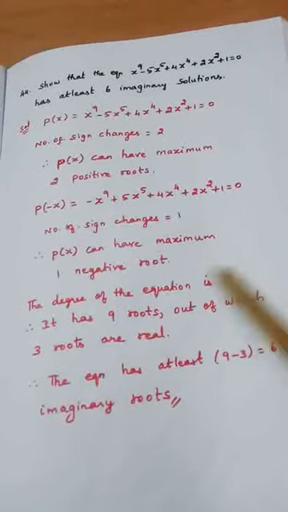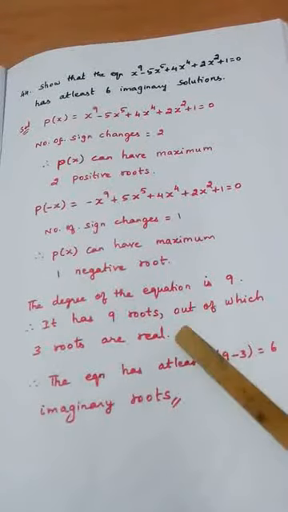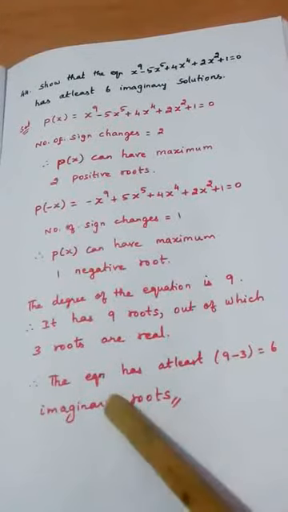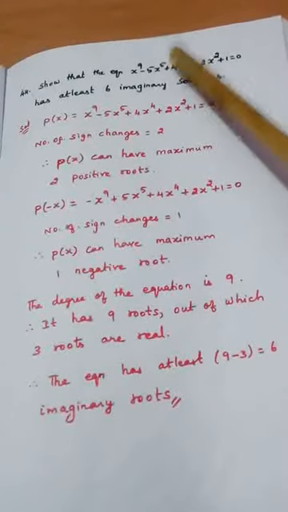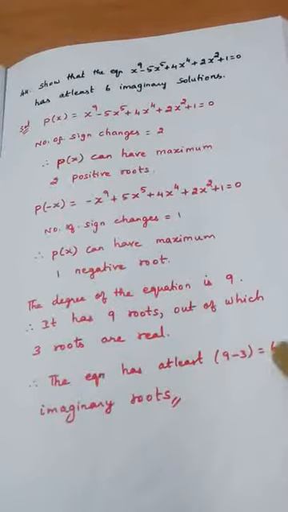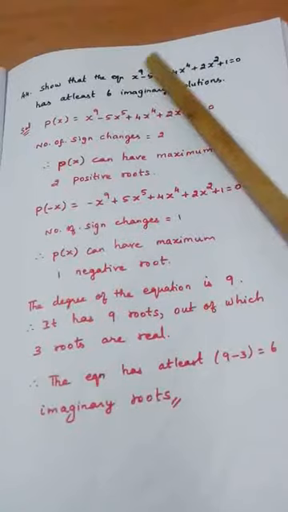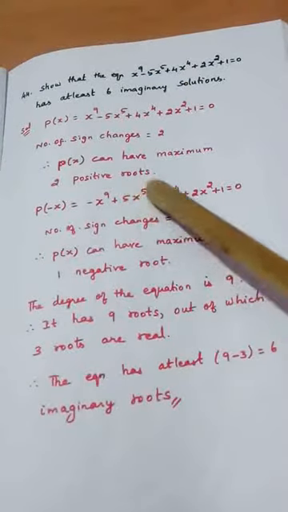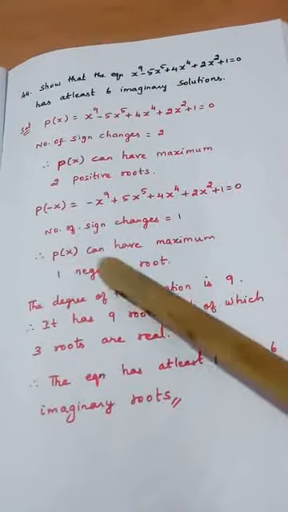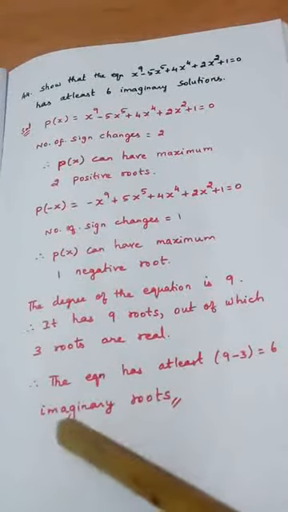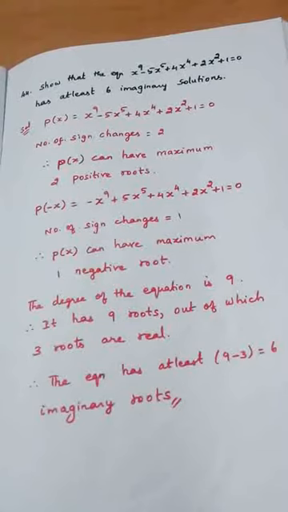So out of 9, 3 we got as real roots. So 9 minus this 3, the balance 6 roots will be imaginary. So this equation has at least 6 imaginary roots.